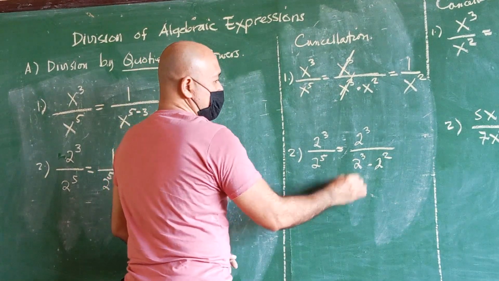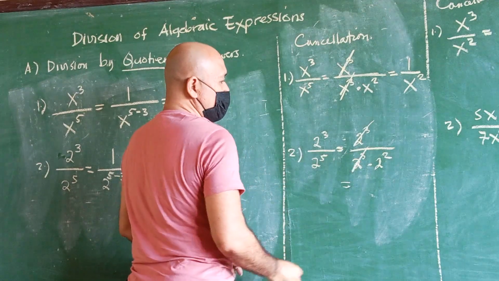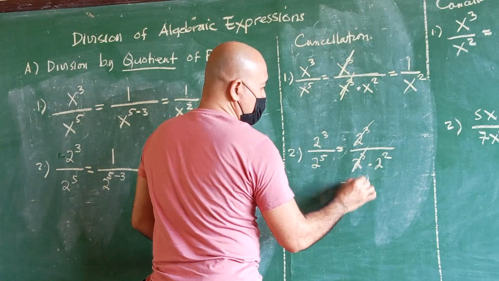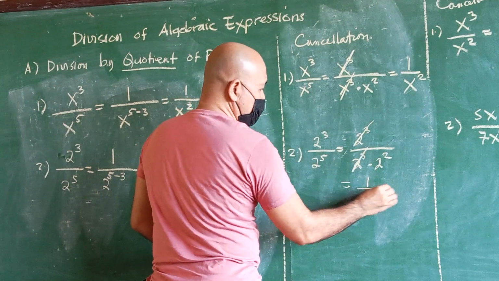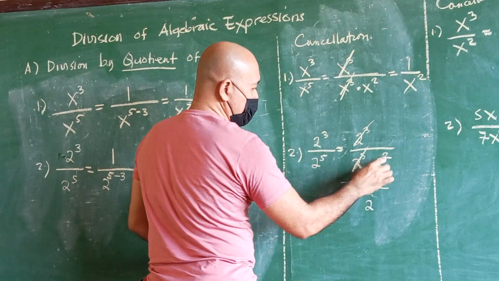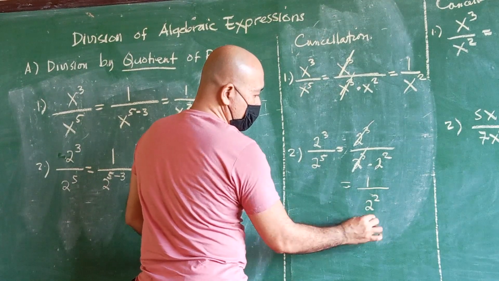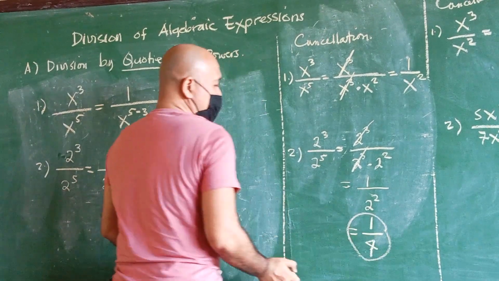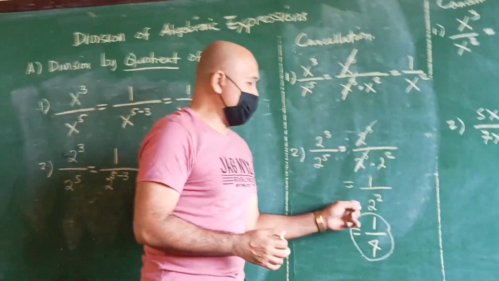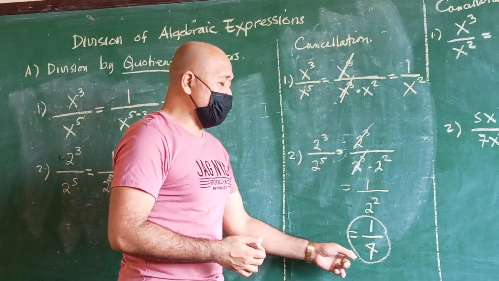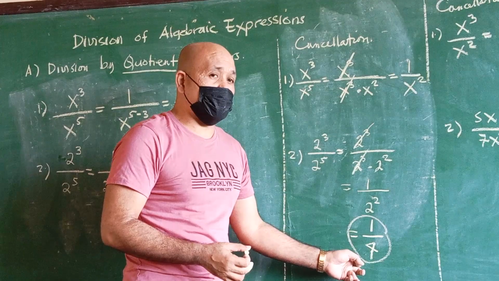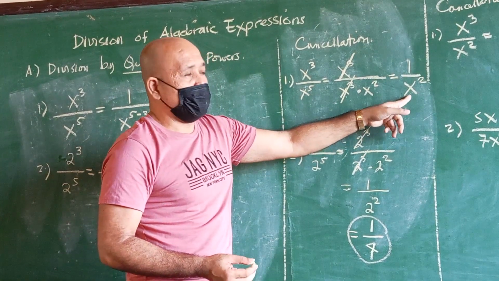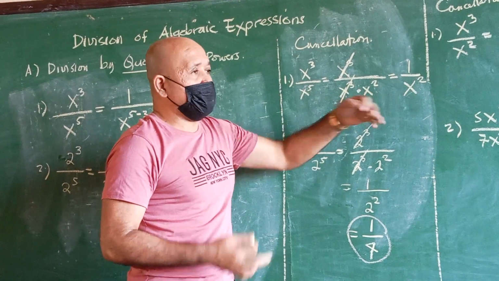And then after that, cancel out here, and the remaining value for the numerator is 1, since you have cancelled the 2 cubed, and then copy the 2 squared for the denominator, and that is equal to 1 over 4. Do not forget that if we are using actual values or integers or numbers, you need to simplify at the end if it has exponents. Unlike the variable, where you just retain this as the answer, since you cannot simplify x squared into a number.